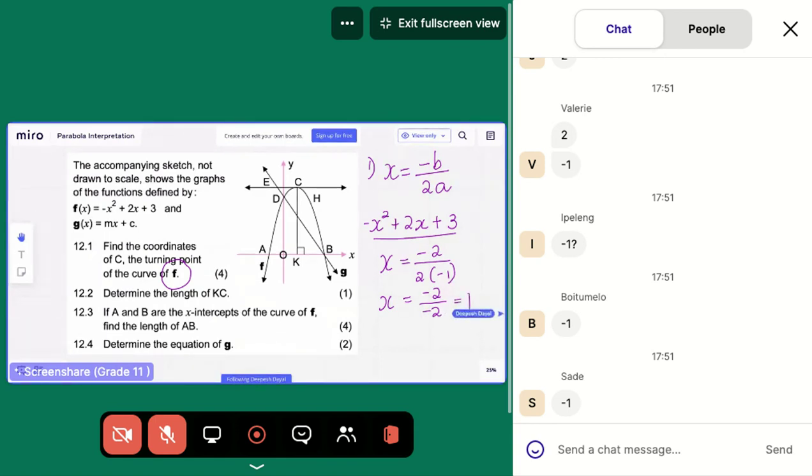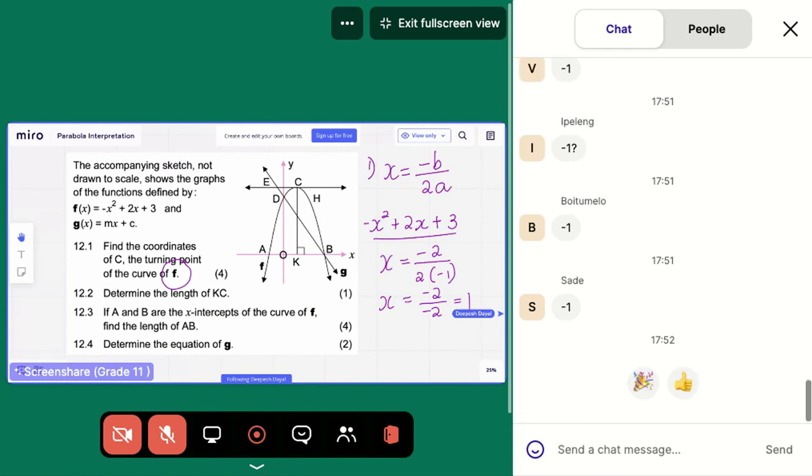So x equals 1. Is that okay? Following? So to find the x turning point, I hope you've written this equation down, minus b over 2a. You take the b and you take the a and plug them in to find the x, right?